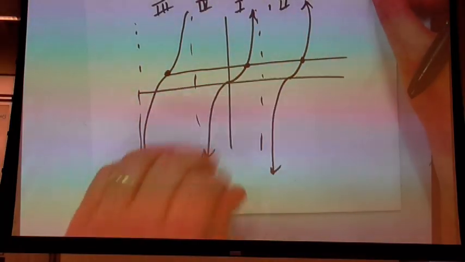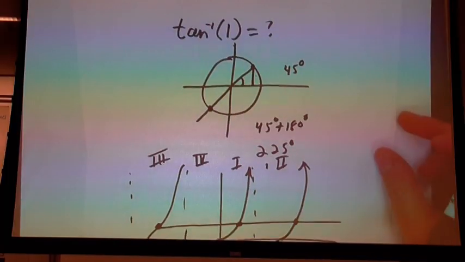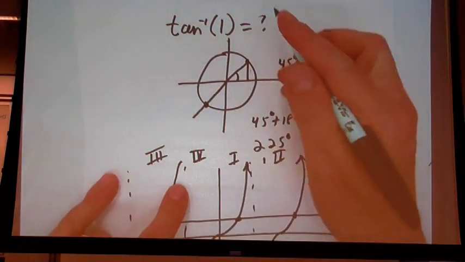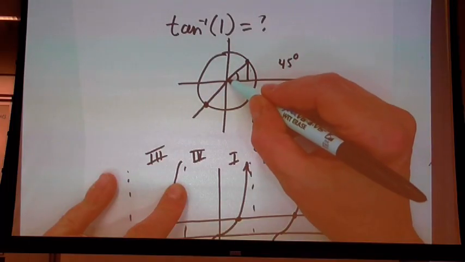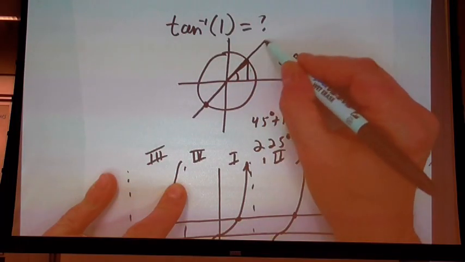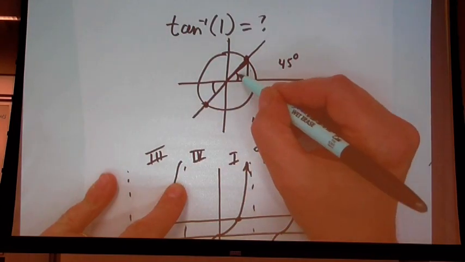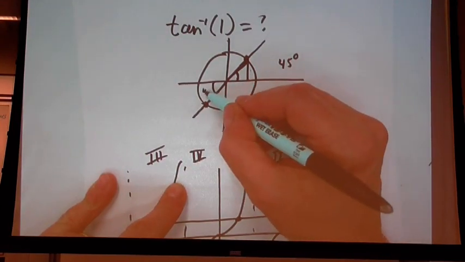This diagram does something for me. I didn't draw it perfectly here, but remember, this goes right through the center here, and it goes through the center here. So this is 45, this is 45.